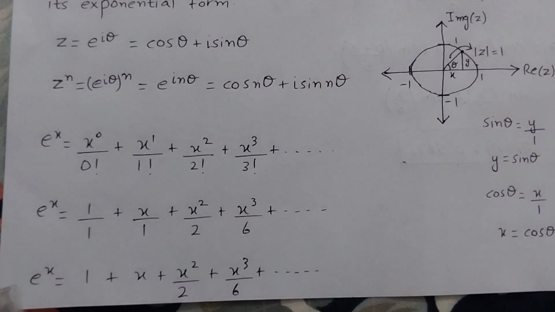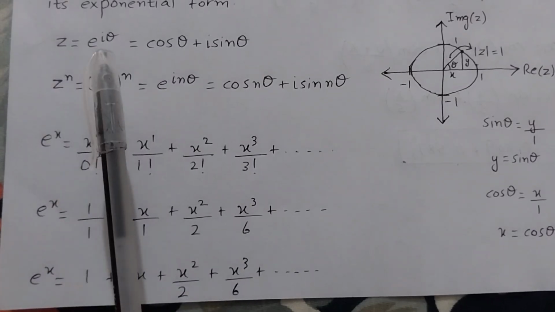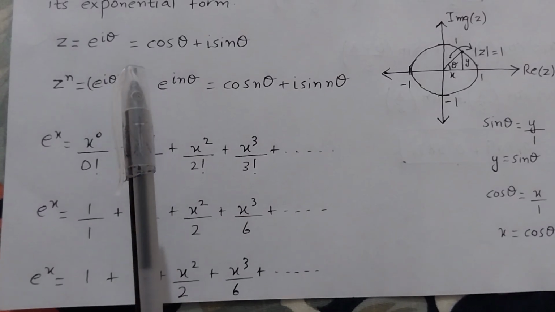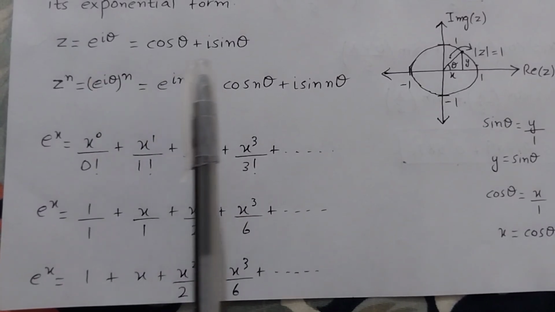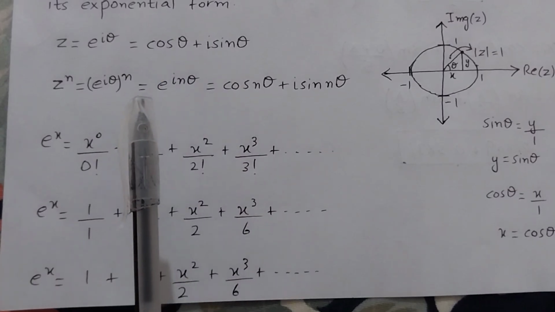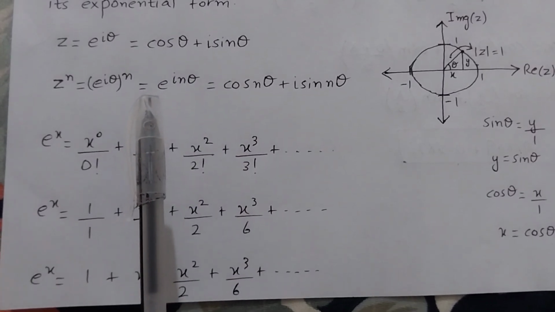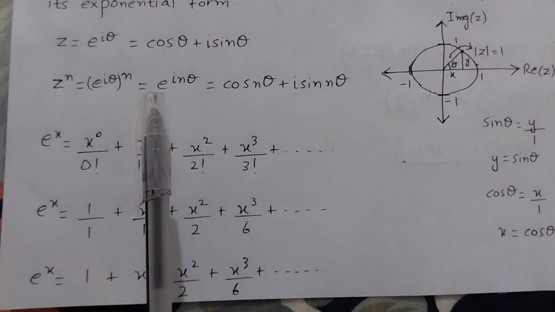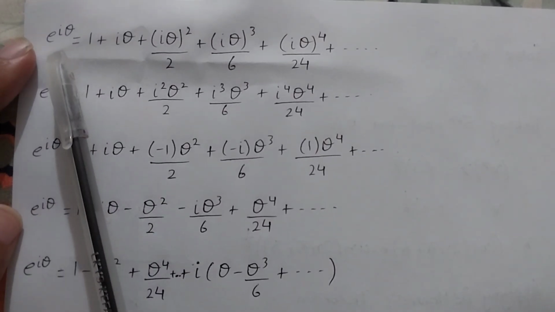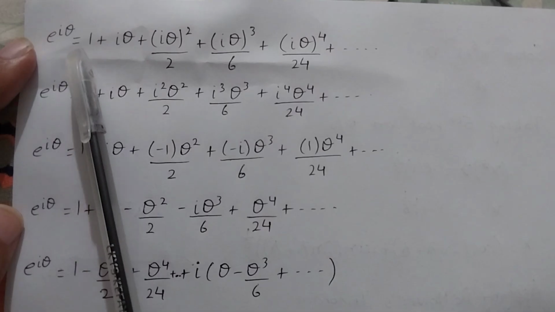So we now have the series for e raised to power x, and we are interested in finding e raised to power iota theta. We want to put x is equal to iota theta, and want to see whether this comes equal to cos theta plus iota sin theta or not. So we are using x is equal to iota theta.